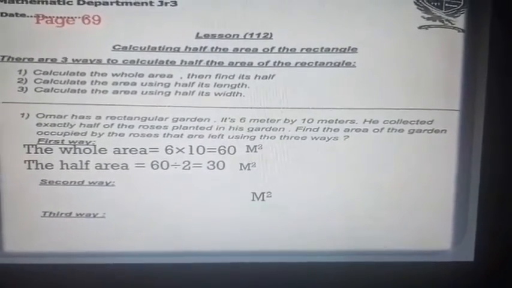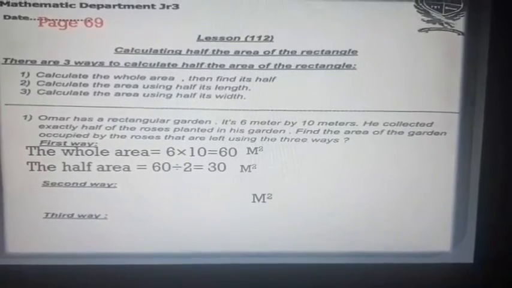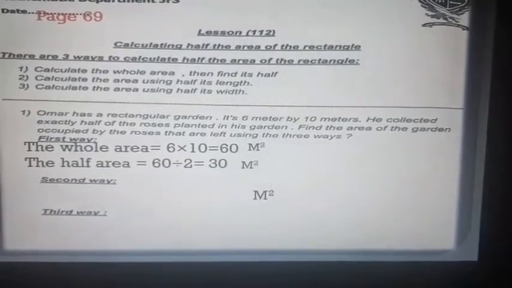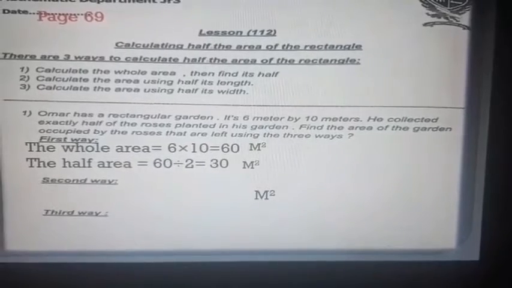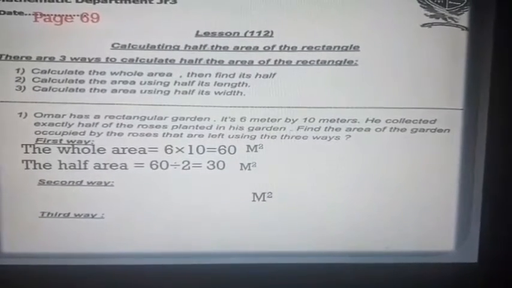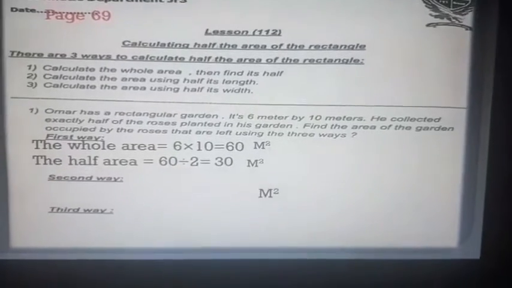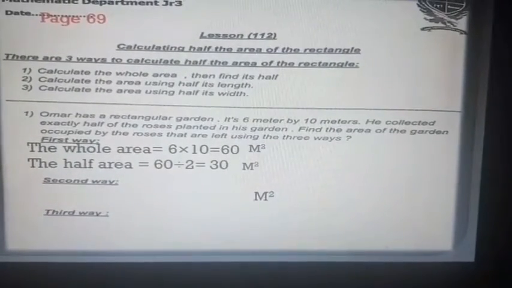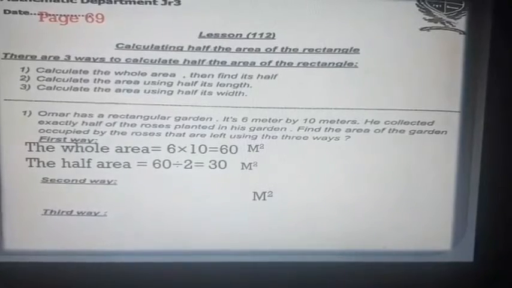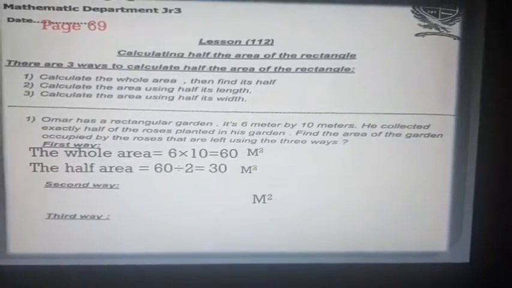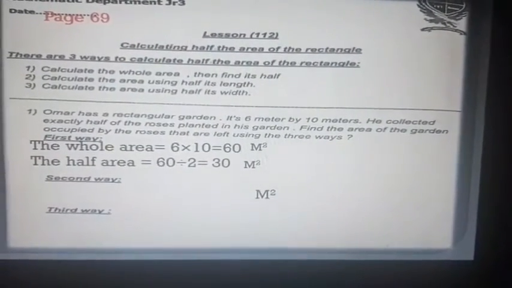So I have here the 2 dimensions, 6 times 10, it will be 60 meters squared. And the half of the area, that means I will get, yes, 60 divided 2. 60 divided 2, I will drop 0, and 6 divided 2 will be 3. So it will be 30 meters squared.